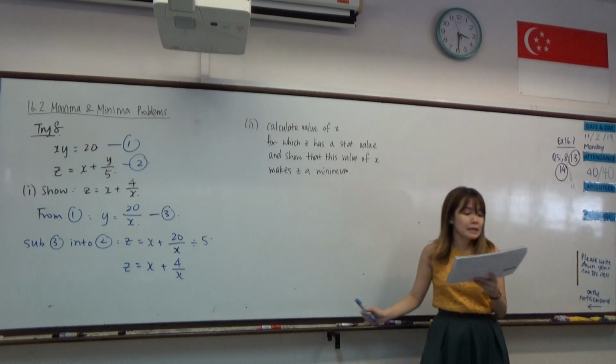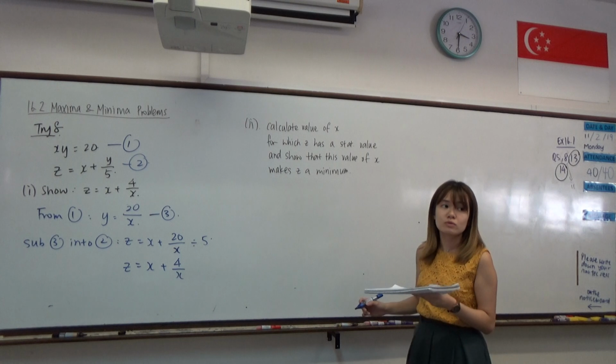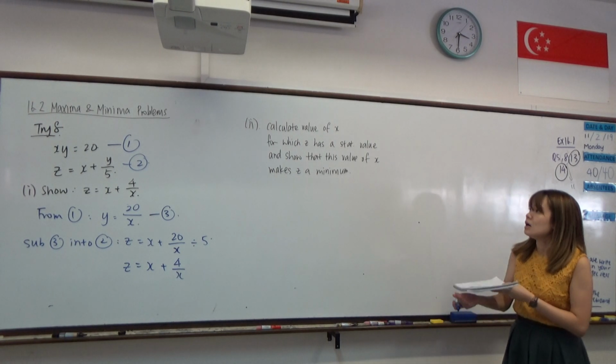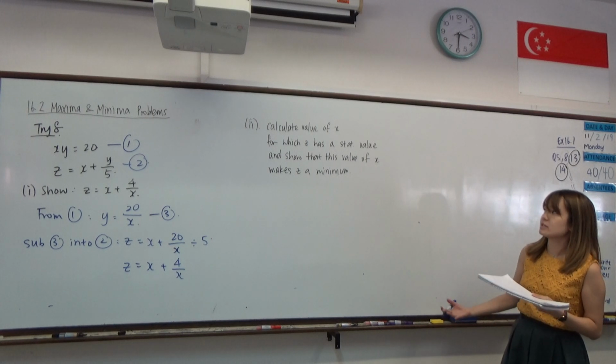Okay. In part 2, we want to calculate the value of x for which z has a stationary value and then show that this value of x makes z a minimum. So what we need to do is to differentiate. First we want to find the value of x that makes z a stationary value.